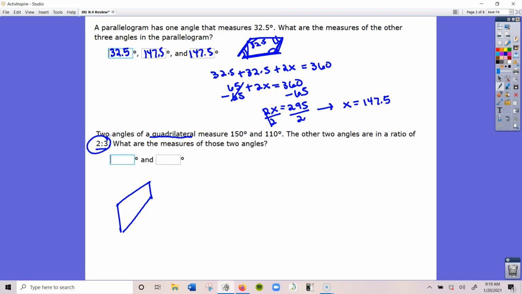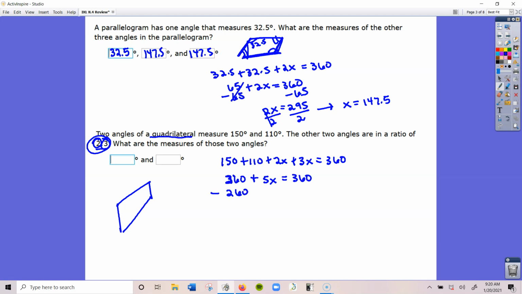So we're going to use this ratio to help us. And how you set up an equation would be 150 plus 110 plus, now we use this ratio, 2x plus 3x is equal to 360. 150 plus 110 is 260 plus 5x is equal to 360.